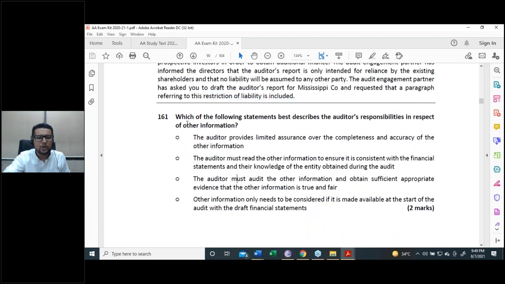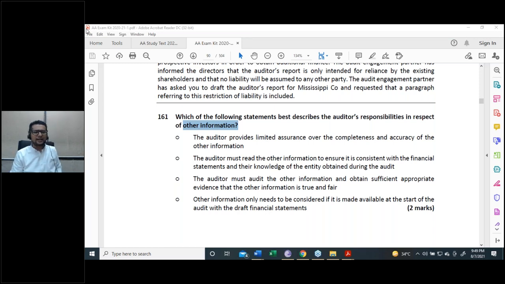Okay, fine. Which of the following statements best describes the auditor's responsibilities in respect of other information? I taught you this yesterday. What's the auditor's responsibility regarding other information? You have got 30 seconds to verify the answer. Fantastic.